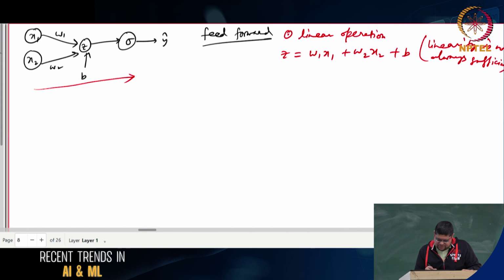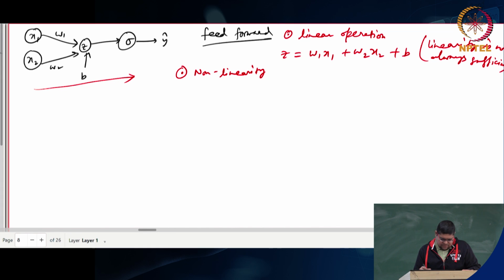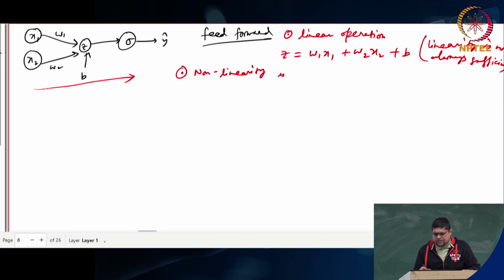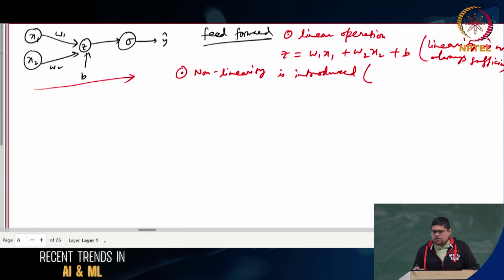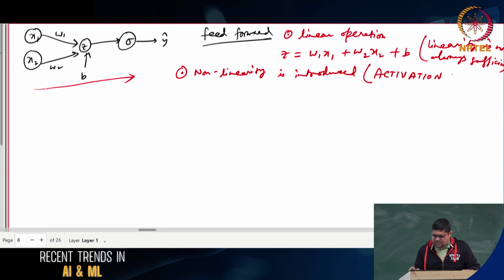So that's why we have to introduce non-linearity. Non-linearity is introduced here in neural network in terms of, there is a special name, activation function.